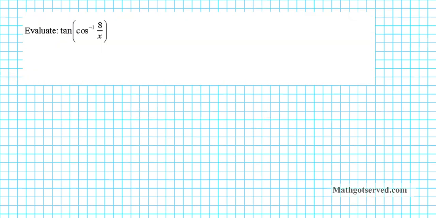Alright, let's take a look at the last one, question number 8. We're to evaluate tan of the inverse cosine of 8 over x. So we can look at this argument of our tan function as an angle theta. Let's say theta is equal to the inverse cosine of 8 over x.